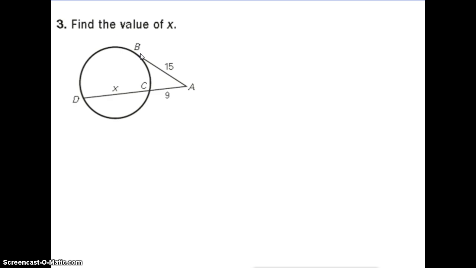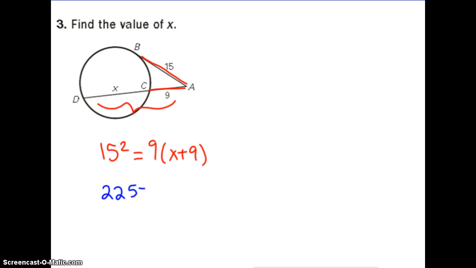Alright, here we have another problem where we have a tangent and a secant, and we want to find the value of x. Remember that it would be outside times whole piece, so that's 15 squared equals outside 9 times the whole piece, x plus 9. So 15 squared is 225. Distributive property, 9 times x is 9x, 9 times 9 is 81.